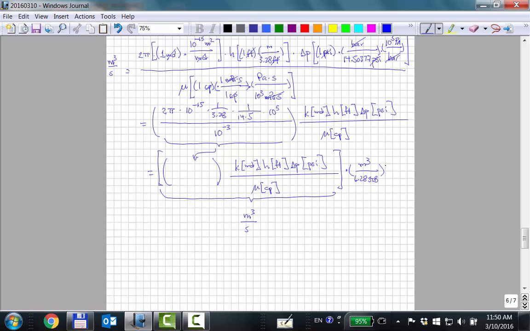Pretty sure that's right. I hope. Okay, that'll cancel that. No, that's not what I want to do. My goodness. 6.28 stock tank barrels.